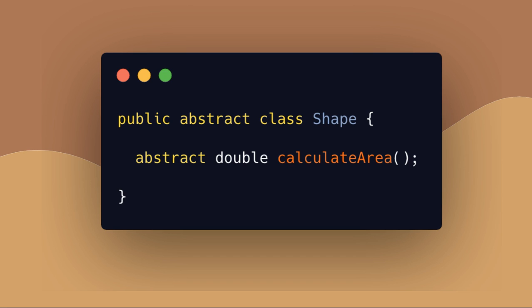Only the signature of the method is defined, and it is not designed to be run as is. It's designed to be overridden by a subclass. In this case, we know that one should be able to calculate the area of a shape. But how that is done depends on the type of shape that it is.